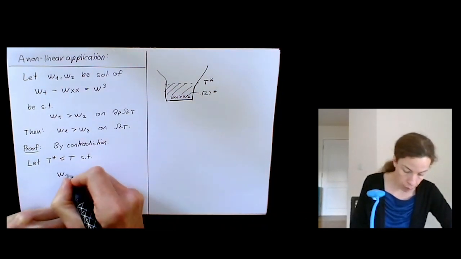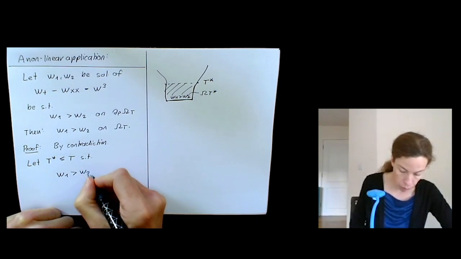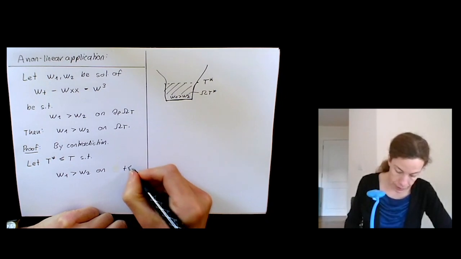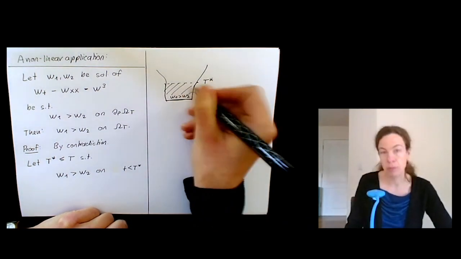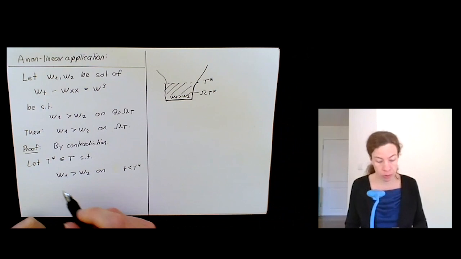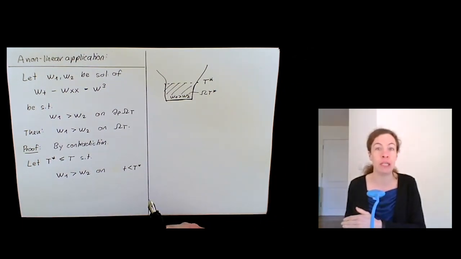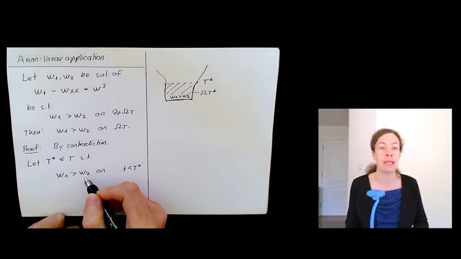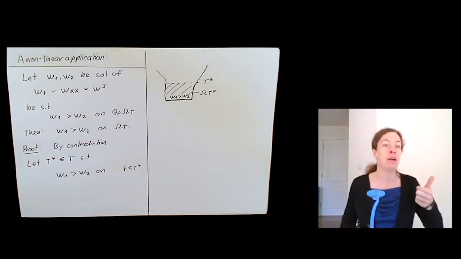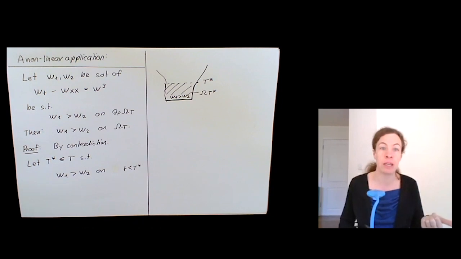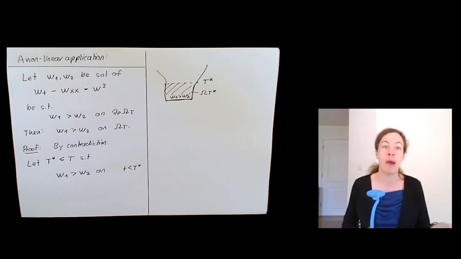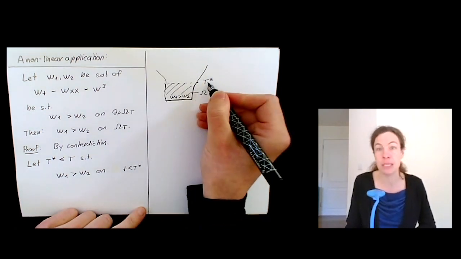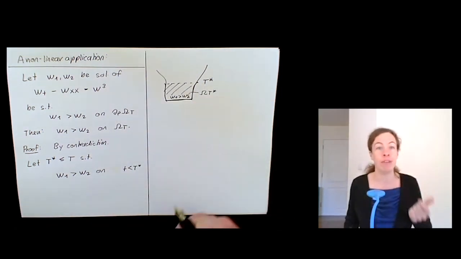So I want W1 strictly bigger than W2 on the corresponding domain where t is less than T star and the corresponding points are in here. But then I want this to go wrong when I approach T star. Now, of course, I cannot jump from having a strict inequality like that to having a strict inequality in the other direction. Rather, what needs to happen is that I have at least one point at this time T star where things go wrong, where I have equality.